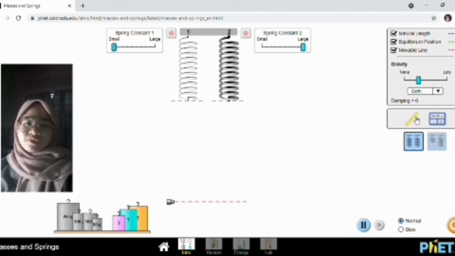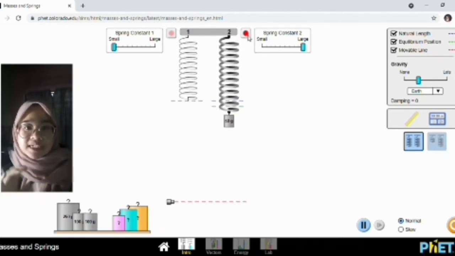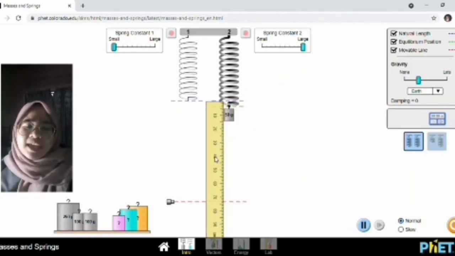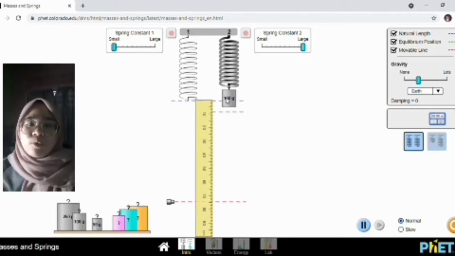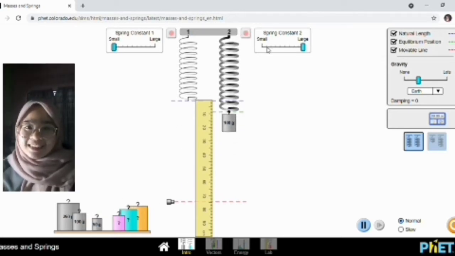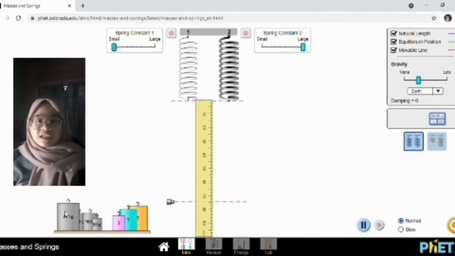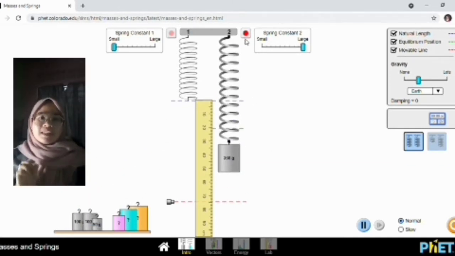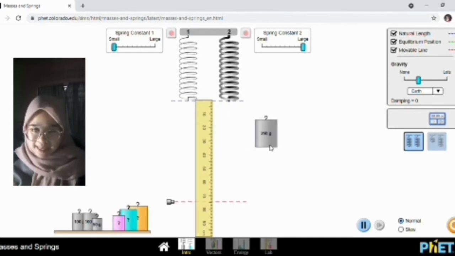We take a 50 gram weight, put it on the spring, and take a ruler to measure the elongation, and we get 5 cm. Next, take 100 gram and the reading is 9 cm. And finally, 250 gram, a reading of 23 cm, and we fill in the table.